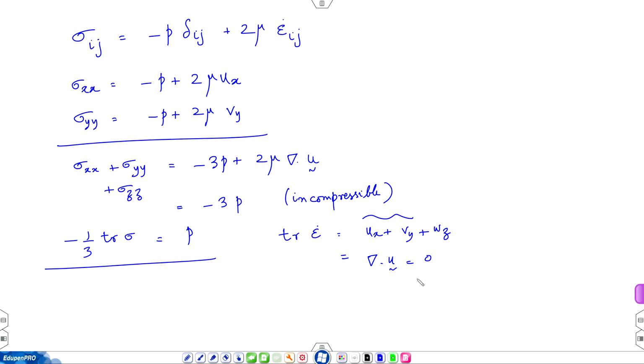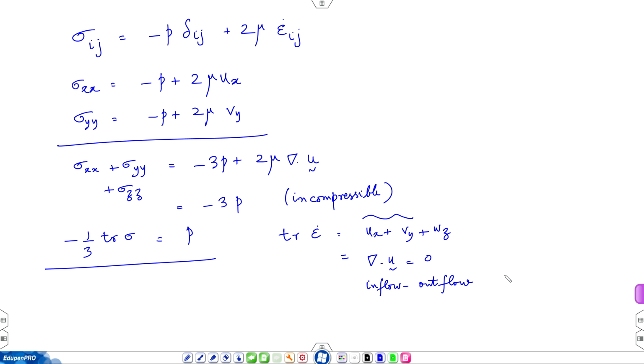What is del dot u in physical terms? It was the mass balance equation. What is the mass balance equation? It is inflow minus outflow, is it not? And that is turning out to be 0.